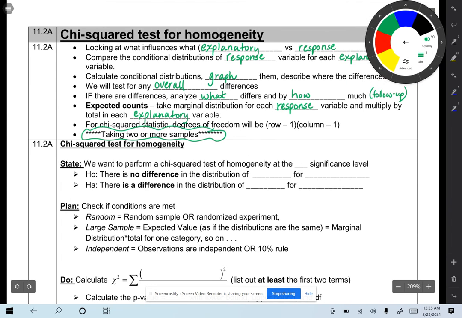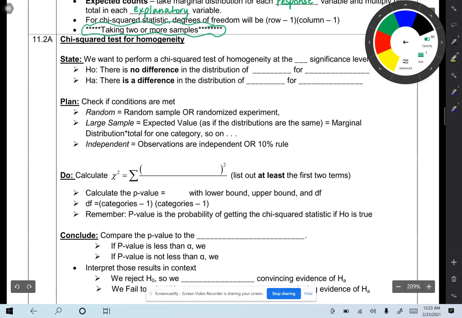Okay. Here is what the test would look like. So in the state portion, we want to perform a chi-squared test of homogeneity at whatever significance level. The hypotheses are stated differently, and they're pretty easy actually because they're worded basically the same way. So the null hypothesis, it's always going to be there is no difference in the distribution of the response for explanatory.